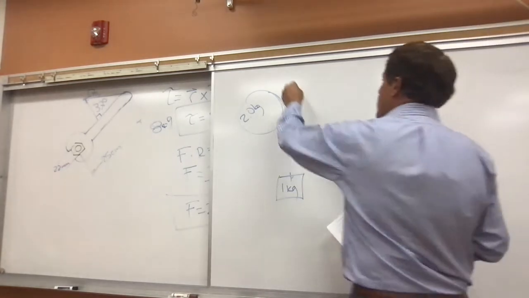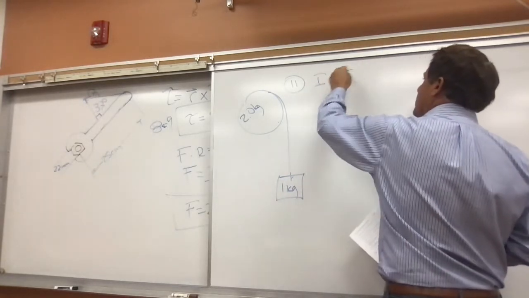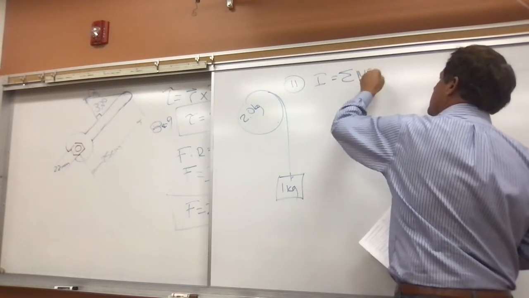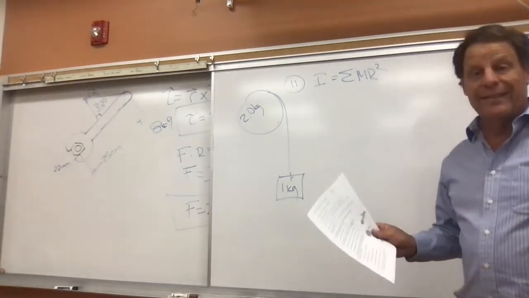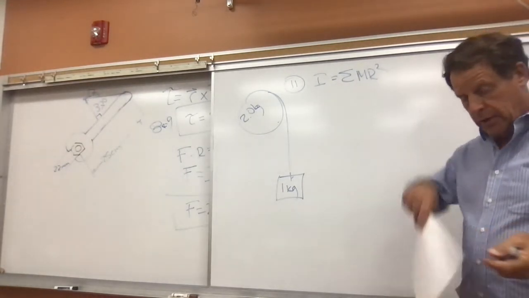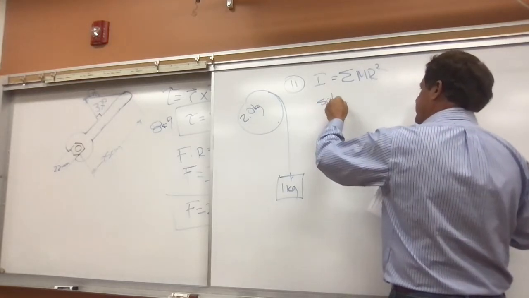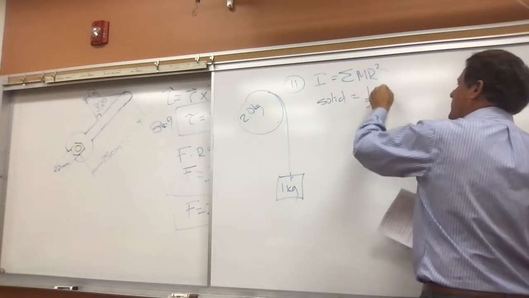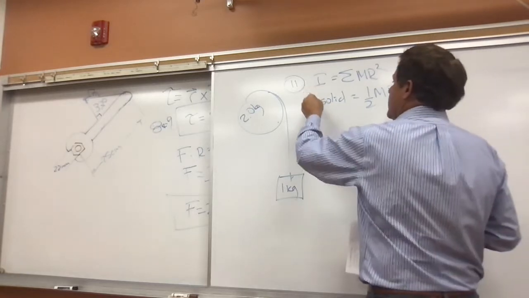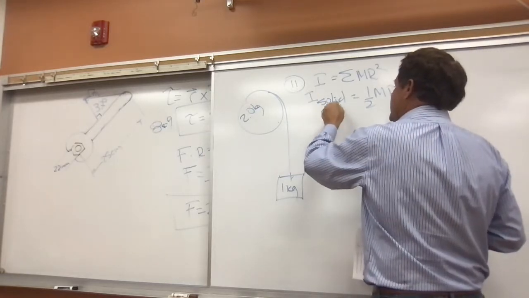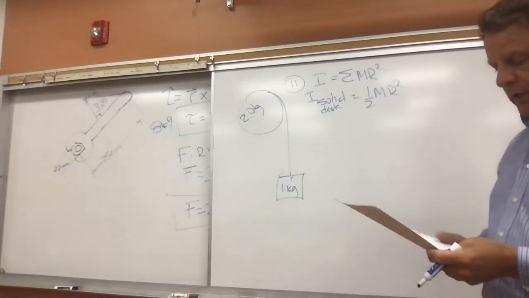Now remember that the moment of inertia is equal to the sum of the mr squares, but also remember that there is a list in your book. In there, it says a solid disk is 1/2 mr squared, and that is the I for a solid disk. We're just going to apply the formula there.